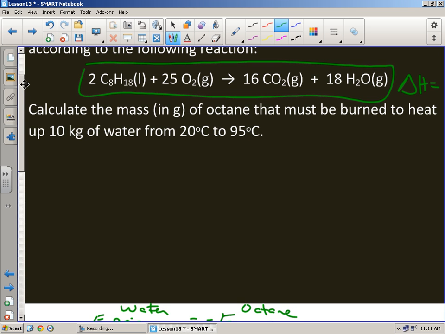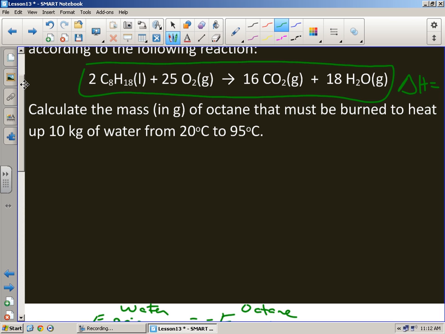16 times negative 393.5, and we got 18 times negative 241.8. And we're going to subtract from that 2 times my octane, which is negative 250.1.